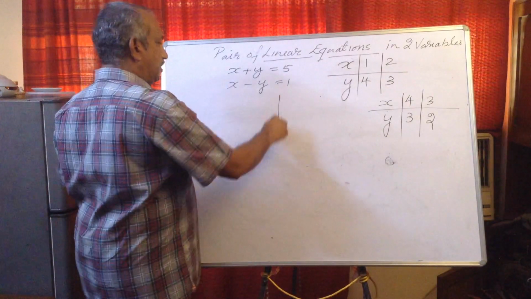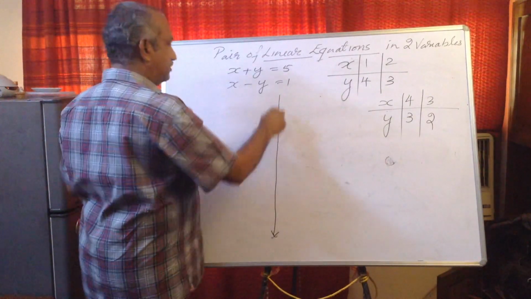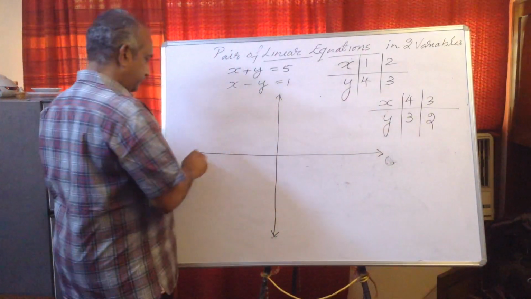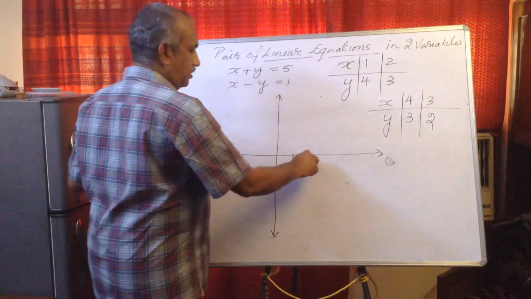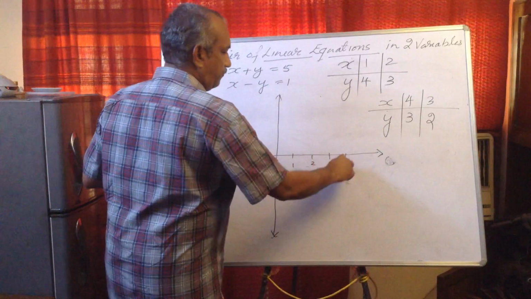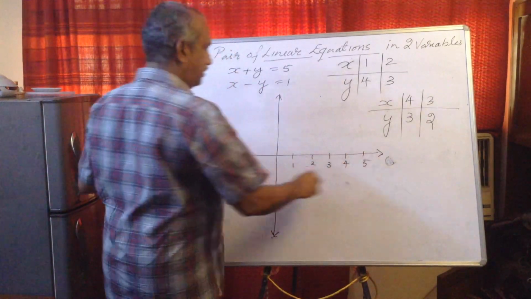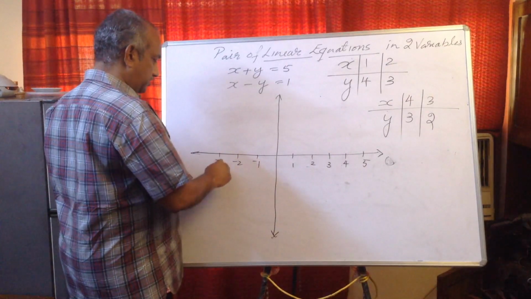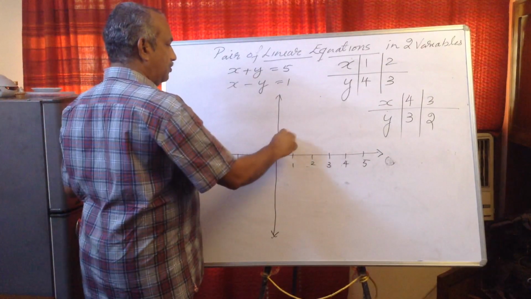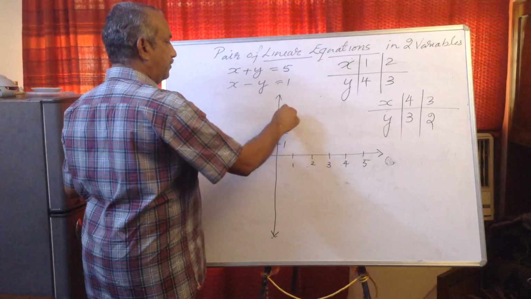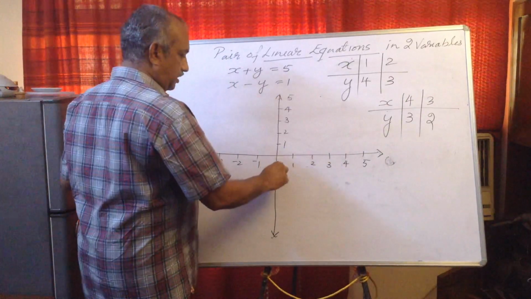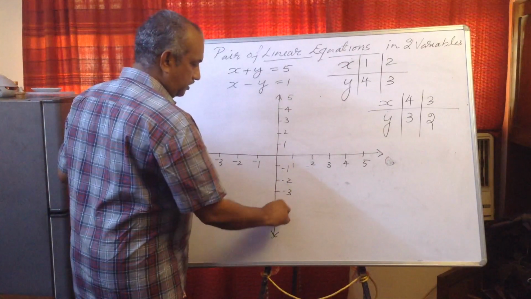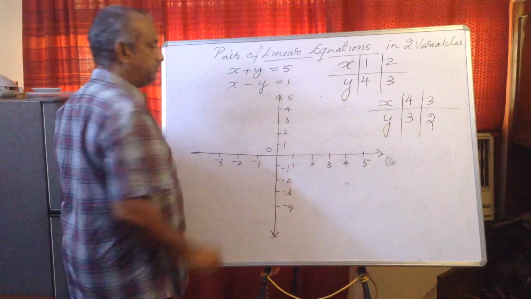See, we'll draw the y-axis, then the x-axis, 1, 2, 3, 4, 5, etc. Then minus 1, minus 2, minus 3, etc. And on the other axis, 1, 2, 3, 4, 5, etc., then minus 1, minus 2, minus 3, minus 4, etc. And here it is 0.